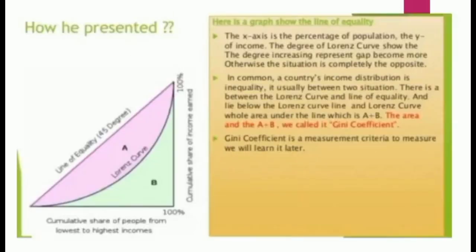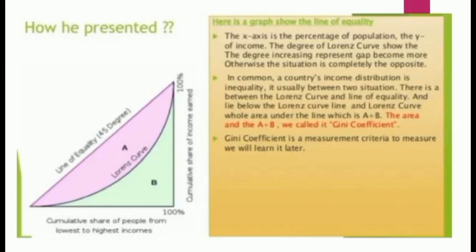Here we can see that there is a graph presented. Here is a graph showing the line of equality. The x-axis is the percentage of population, and the y-axis is income. The degree of the Lorenz curve shows that as the degree increases, it represents a greater gap; otherwise, the situation is completely the opposite.